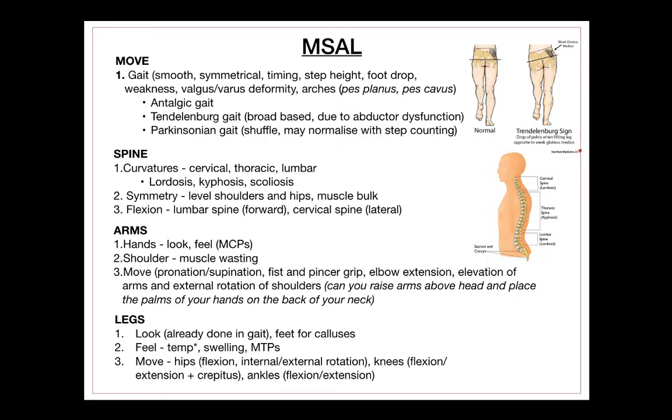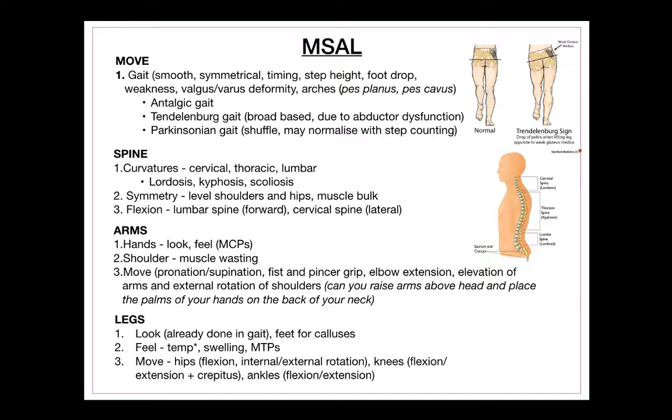Looking for symmetry, again at the shoulders and at the hips, is everything in line or is one side up, and the muscle bulk, and then you test for flexion. So lumbar spine, where you're doing the Schober test, with two fingers, bending over, and then your lateral flexion, where you get them to touch their ear to the shoulder.